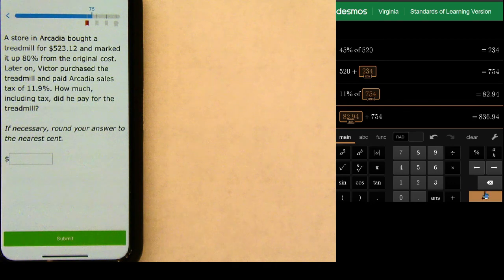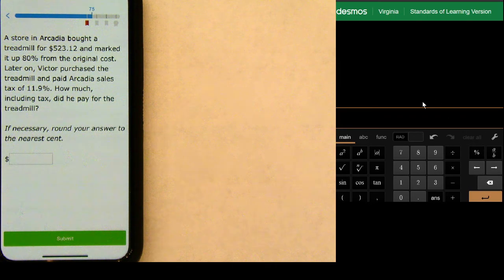And so now for this next one, it says a store in Arcadia bought a treadmill for $523.12 and marked it up 80%. That's a huge increase. Later on, Victor purchased the treadmill and paid that tax. That is a lot of money, but let's see how much he paid, rounding the answer to the nearest cent. So we'll make sure we can do that at the end.